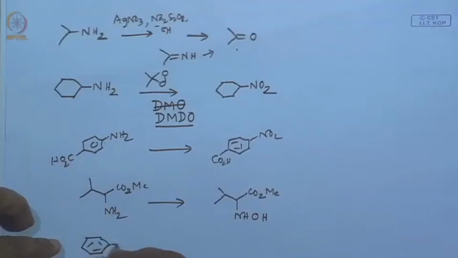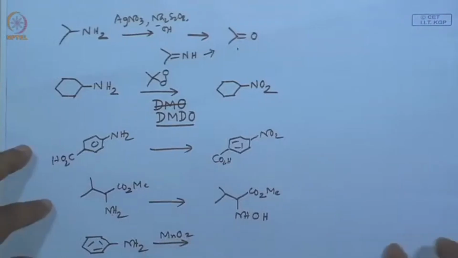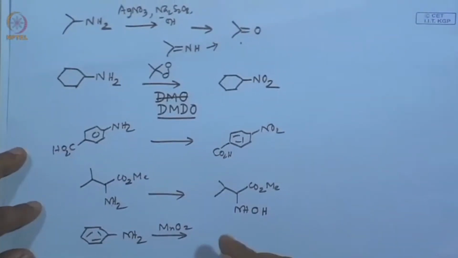This is a very important topic. This is an important oxidizing agent. Let us say instead of potassium permanganate, if you begin with MnO2, you have heard this, you have read this in BSc.